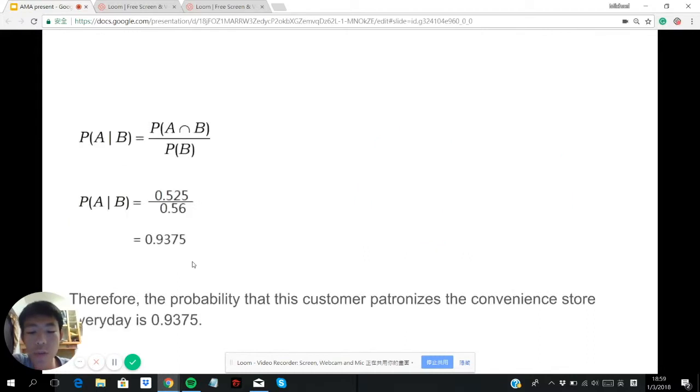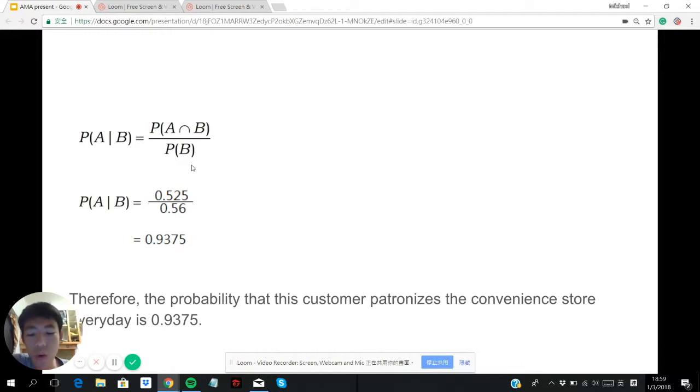For the conditional probability, there is a formula. The probability will be equal to the probability that the events A and B both occur over the probability that only the event B occurs.